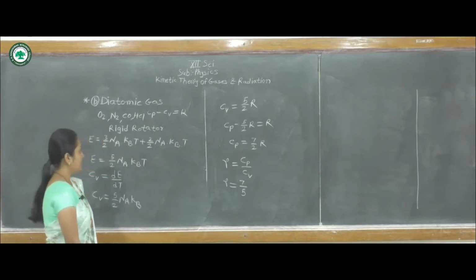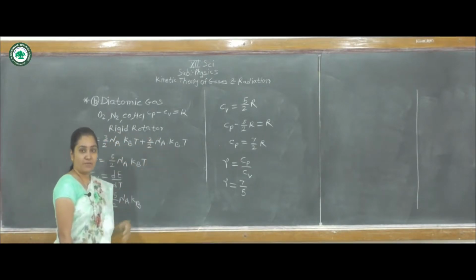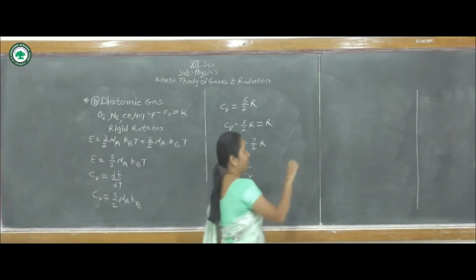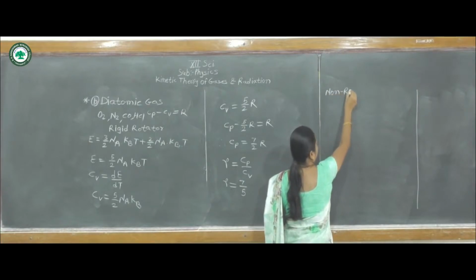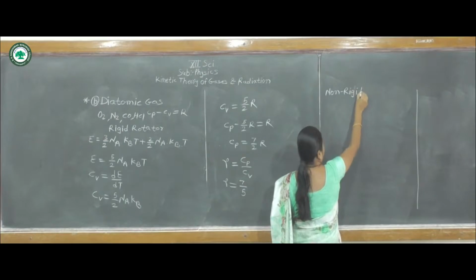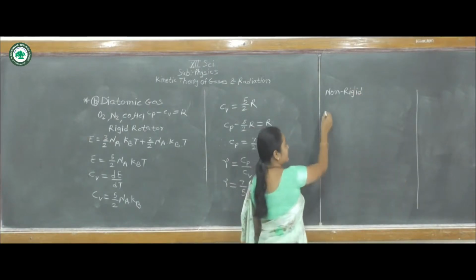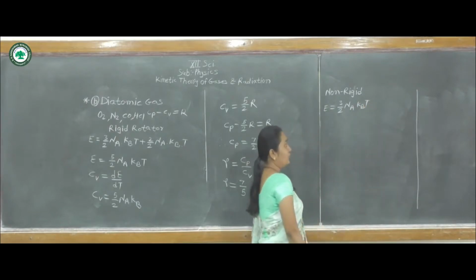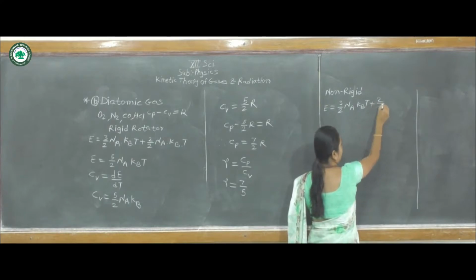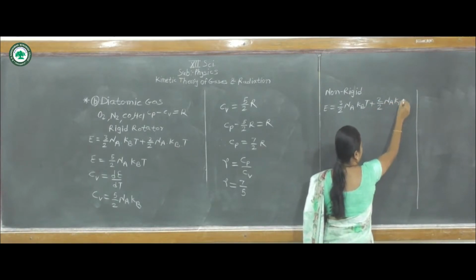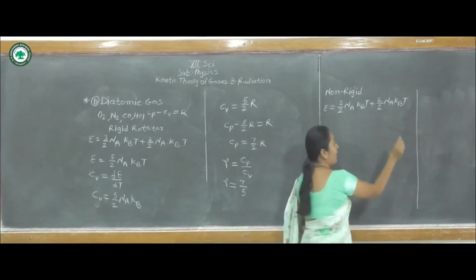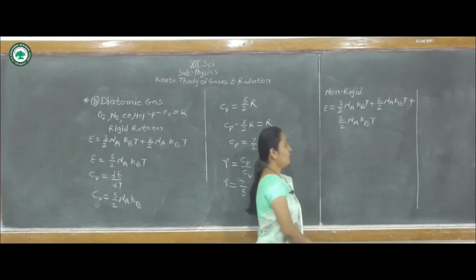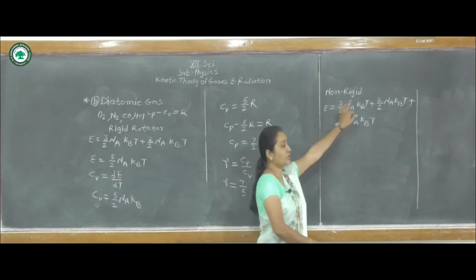Now if we consider that the diatomic gas has non-rigid vibrating molecules, then the total internal energy per mole for non-rigid vibrating molecules is E is equal to 3 upon 2 Na Kb T plus 2 upon 2 Na Kb T plus 2 upon 2 Na Kb T. This is the total energy for non-rigid vibrating molecules.